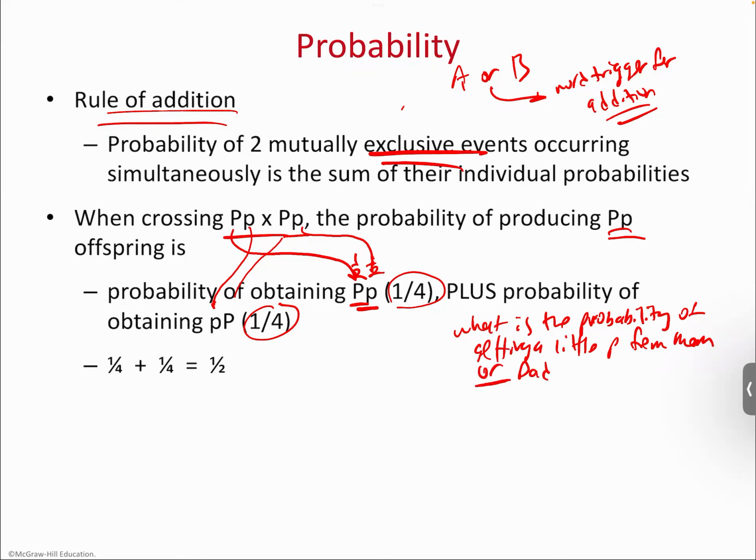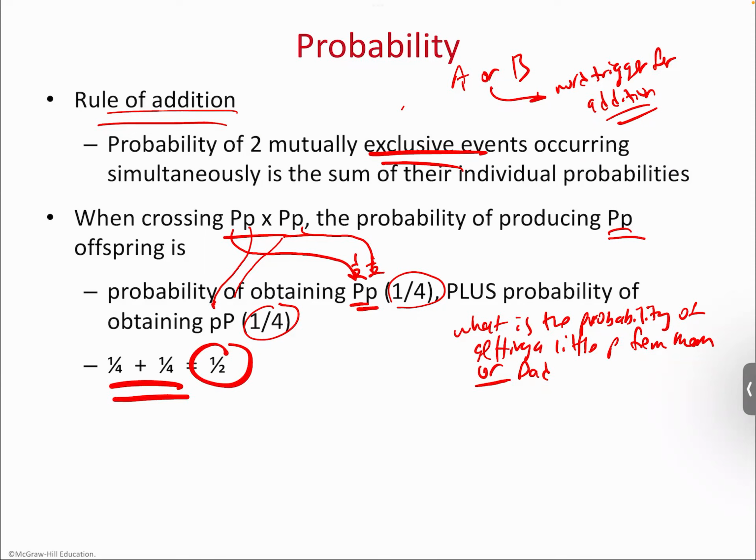That's your or statement, right? Because if you get it from mom, then you get the big P from dad. If you get it from dad, you get the big P from mom. Either one of those is okay, right? It's either one or the other. So what do you do? You basically take your individual probabilities, which are 1/4, and you add them together, which gives you a probability of 1/2.